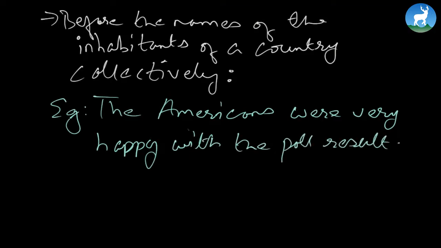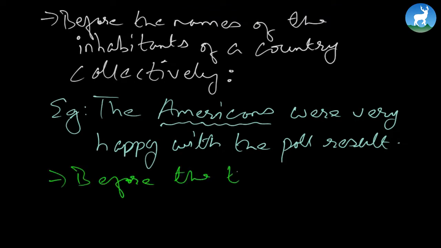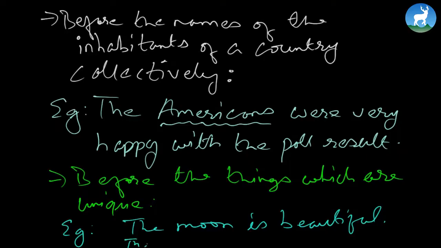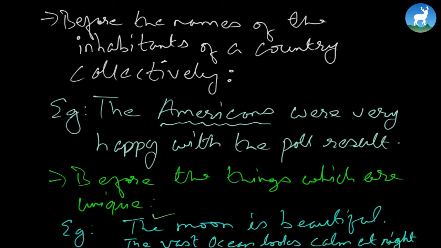Remember, the Americans, people who reside or who are the nationalities of America. And moving further, we have now before the things which are unique. Now, how do you define uniqueness? Let's clarify this again with an example. The moon is beautiful, or the vast ocean looks calm at night. The use of the moon, the vast ocean.